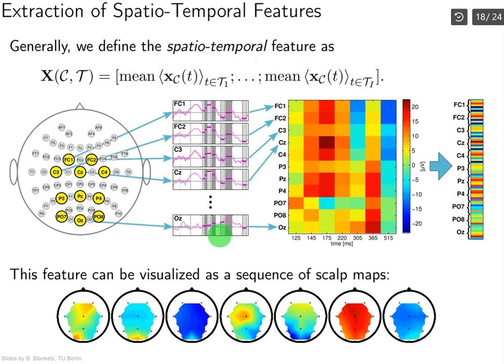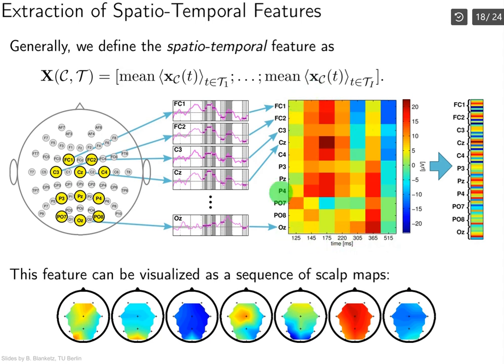We can visualize them here as an example from a subset of selected channels: FC1, C2, C3, CZ, FC2, and OZ. And if you construct this spatial temporal feature, the matrix will look like this. So we have spatially relevant features and then temporal features.